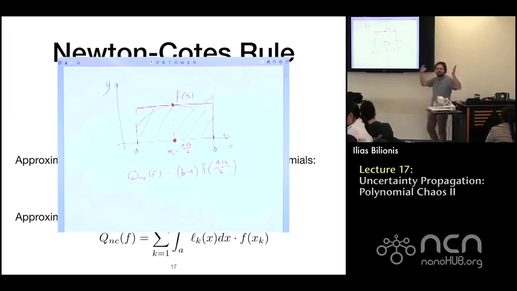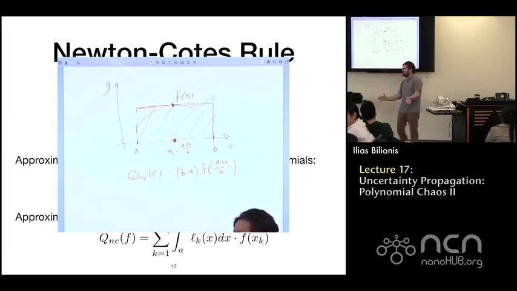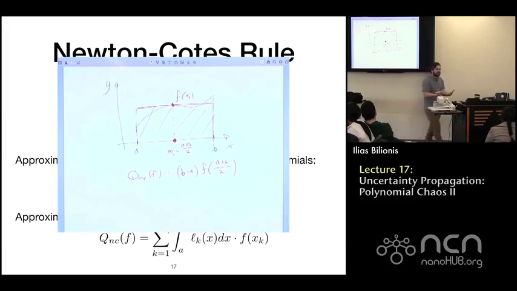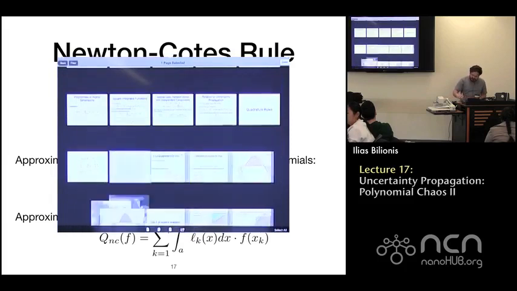This is the simplest quadrature rule that you can come up with. It's a ridiculous quadrature rule. Obviously, it only works if a and b are very close together and your function doesn't really do anything in between, so you can approximate it like a constant.